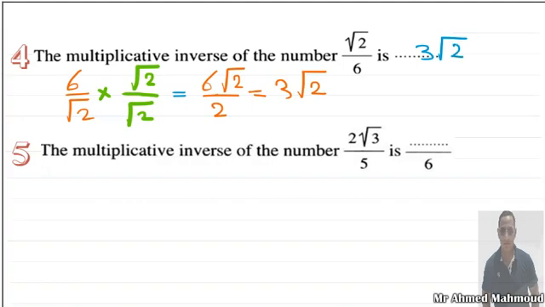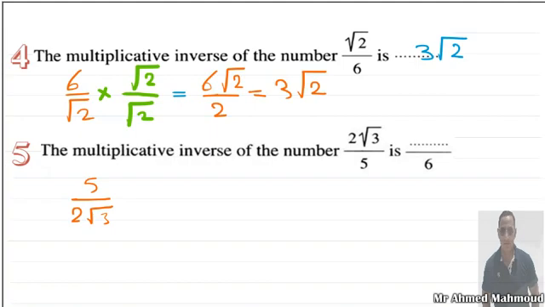Here we have a tricky one, 2 root 3. He needs the multiplicative inverse of this one. Okay, I'm going to turn this upside down like this, 6, excuse me, 5 over 2 square root 3. Now I have root 3 here.